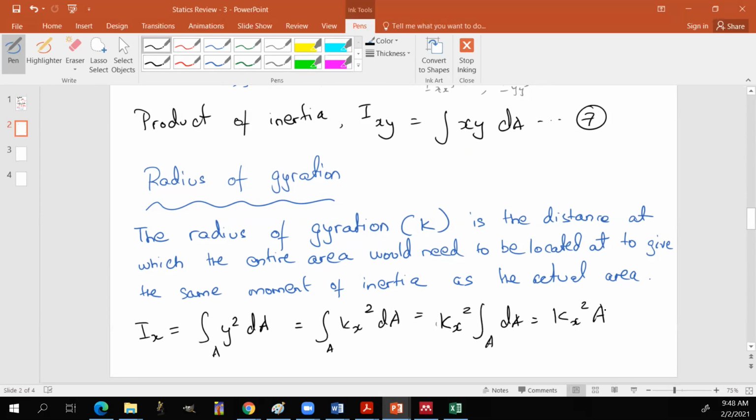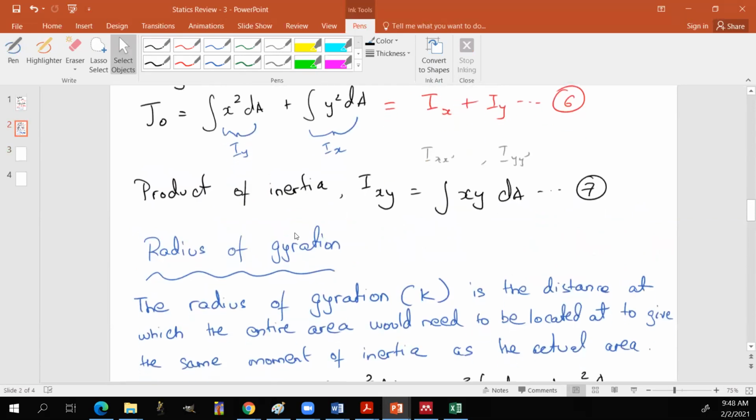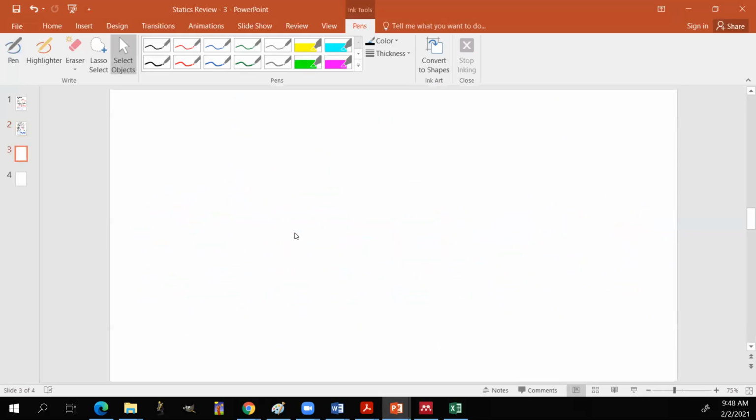So you're taking the constant out of the integral. The way it's defined is that the radius of gyration, therefore, kx is just equal to the moment of inertia you found divided by A, and you take the square root of that. Let's call that expression number 8.